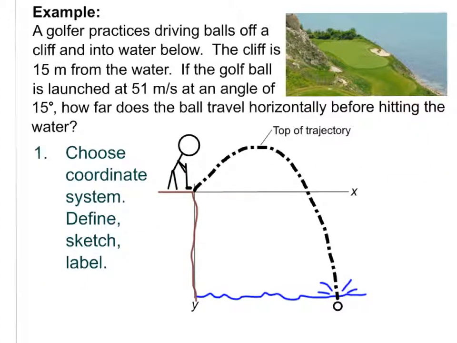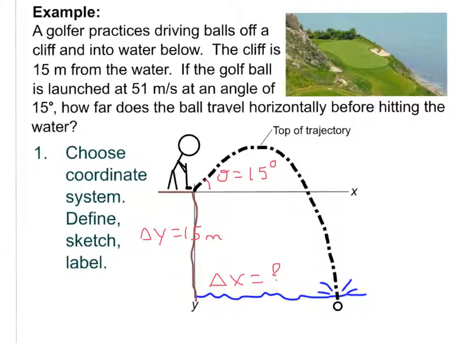All right, here's our scenario. We have our golfer. He's going to launch the golf ball like this. We know a few things. We know 15 meters from the water is how high the cliff is. We also know the angle at which the ball is launched, 15 degrees. We do not know how far the ball lands away from the cliff, so that would be our unknown, and that's a question mark there.